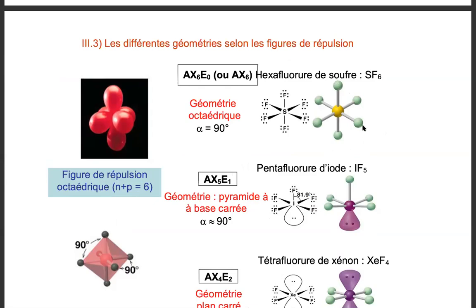And when we draw our formule de Gillespie, it will be l'atome central A with X6, that is for the adjacent fluorine atoms, and there is no lone electron, and the bond angle for the octahedral geometry is 90 degrees.